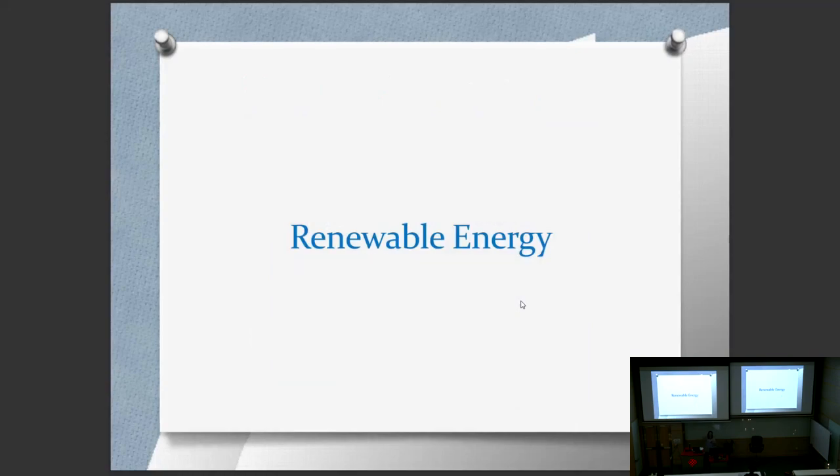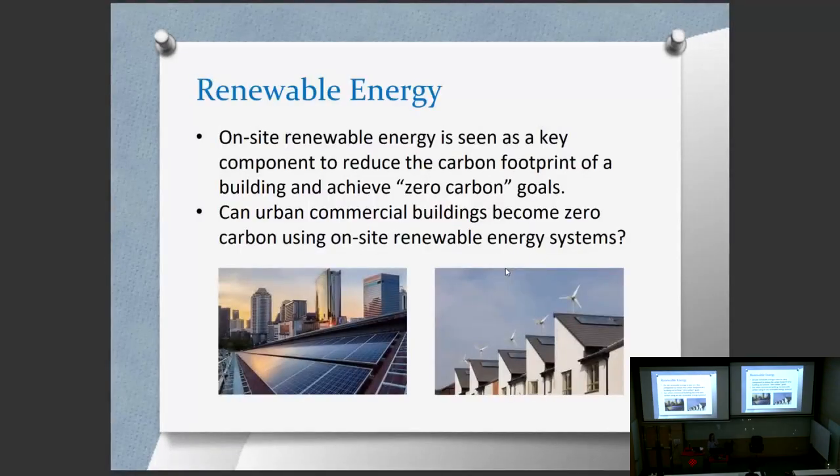Okay, lastly is about renewable energy. Some utilizing PV panel or maybe some solar thermal system for reducing the carbon emissions. On-site renewable energy is seen as a key component to reduce carbon footprint of a building and to achieve the zero carbon goals.